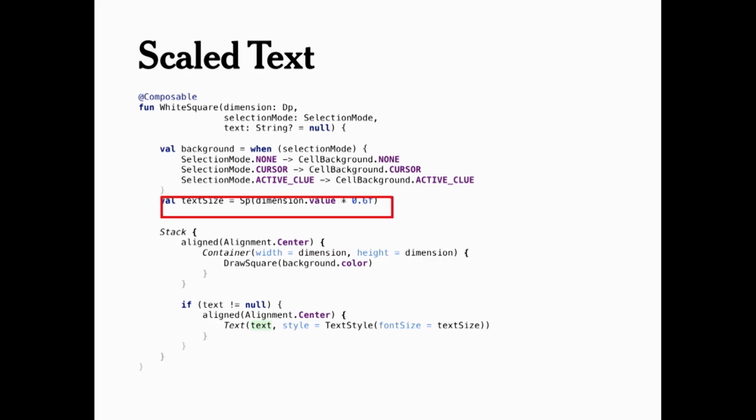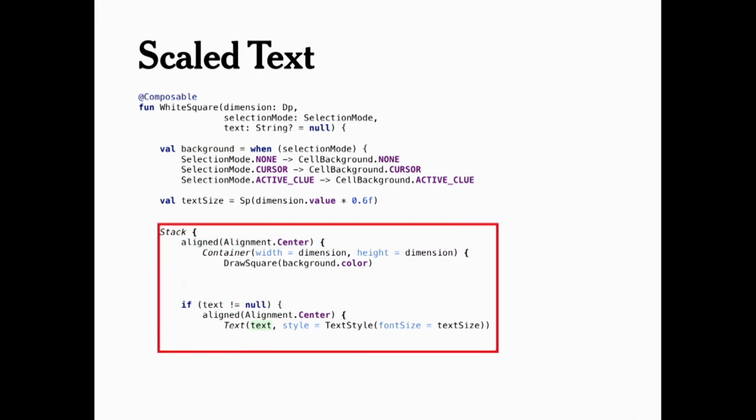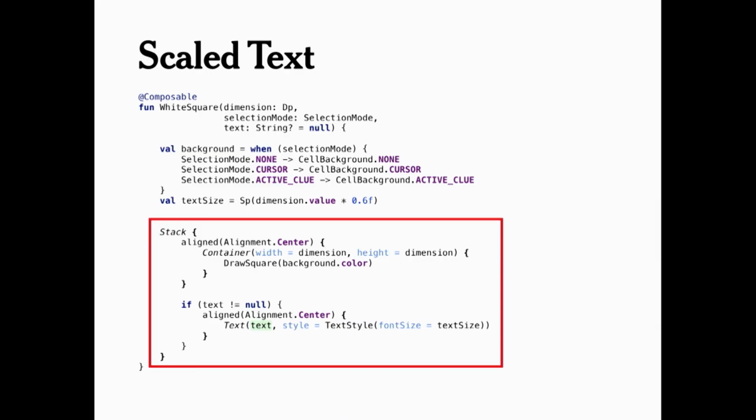Now, earlier, our white square was essentially just this right here in the box. We drew our container, we defined the height and width, we plopped the color in. We got to do something a little bit different to get the text in the box. So what Compose provides is this cool construct called the stack. And it does two things.